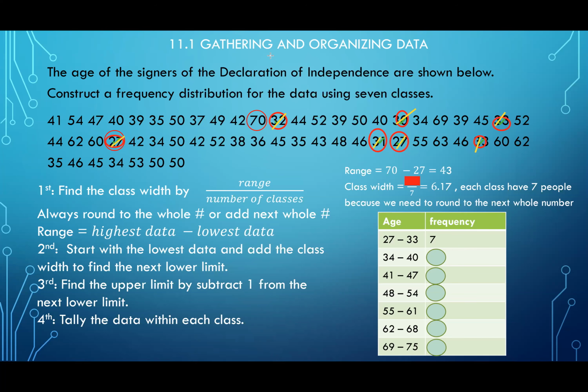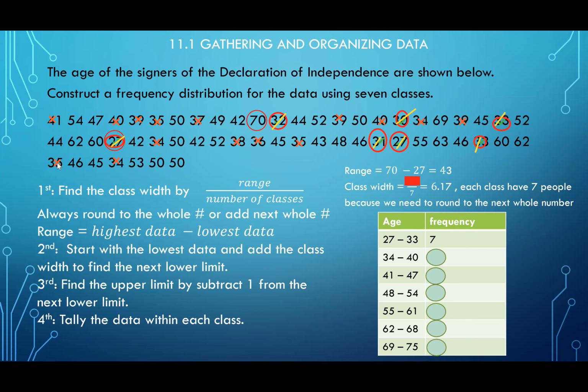And again, you do the same thing between 34 to 40. You go in there and you tally them up, how many items you have. So again, you have 1 item here, 2 items here, 3, 4, 5, 6, 7, 8, 9, 10, 11, 12, 13, 14, 15, right?